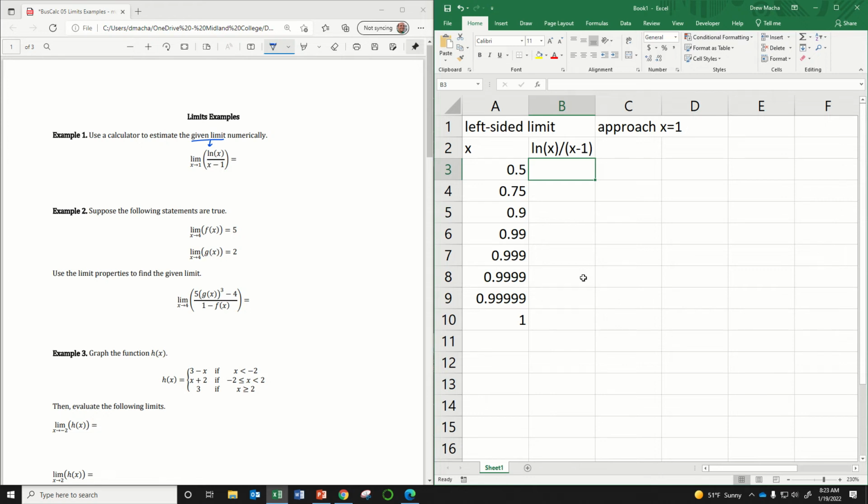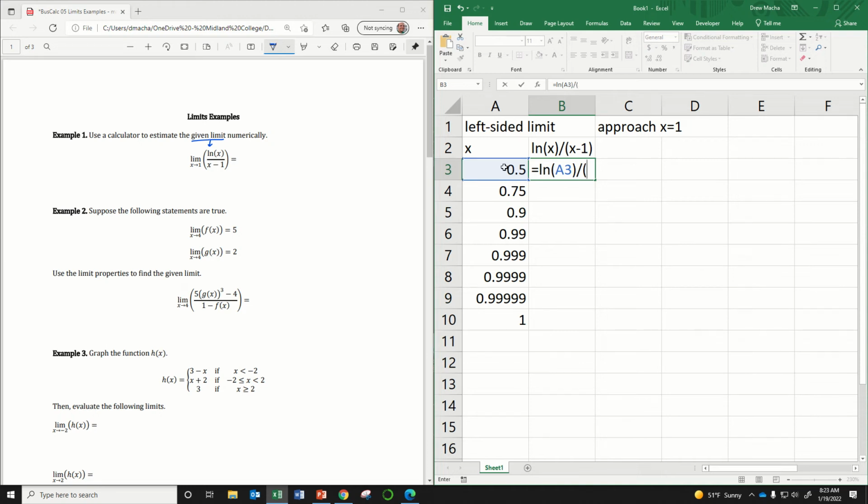So what we're going to do here in this cell, I'm going to type in equals ln, and the ln function is going to return the natural logarithm, open parentheses. And then instead of x, I'm going to actually just click on the value 0.5. I'm going to click on that cell, and it will highlight it for me. And then I do close parentheses divided by open parentheses.